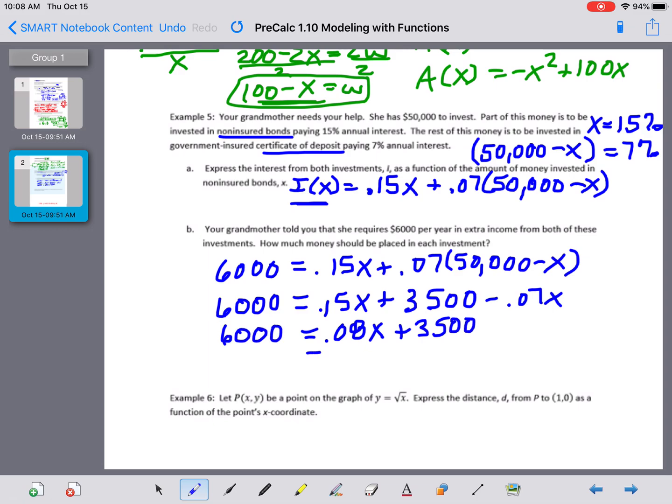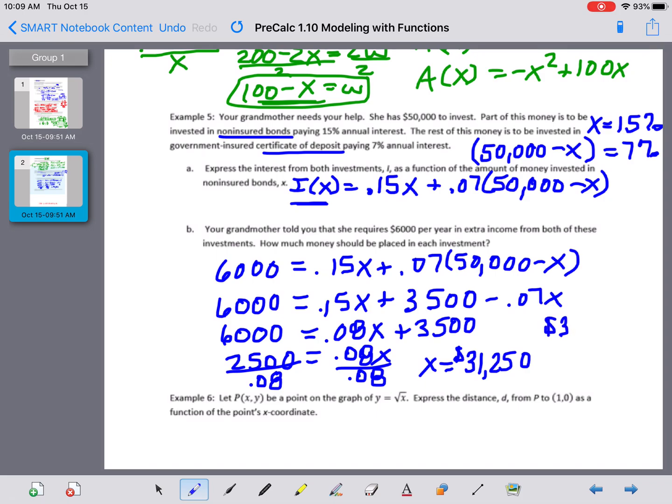Subtract my 3,500 over, get 2,500, divide by my 0.08, and it looks like I need $31,250 in the 15%, the non-insured. And if I do a little subtraction from 50,000, that leaves me 18,750 at the 7%.